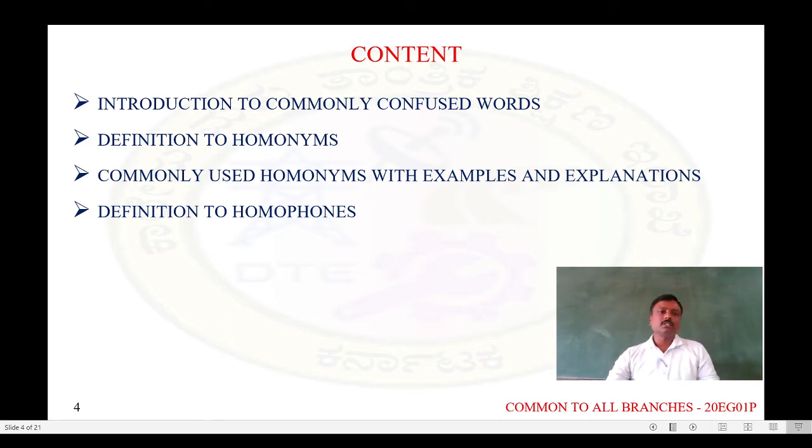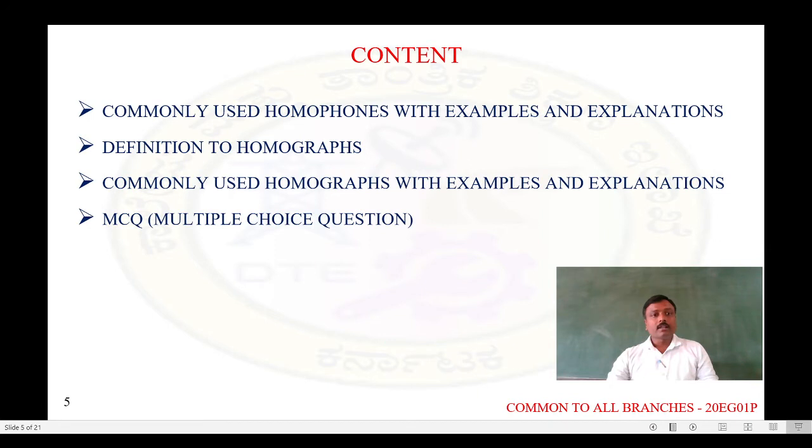We have the definition of homophones also, and like that we have some examples and explanations about homophones, and we have the definition of homographs, and we use homographs along with some examples and explanations. So these are the content, and at last we have MCQs.